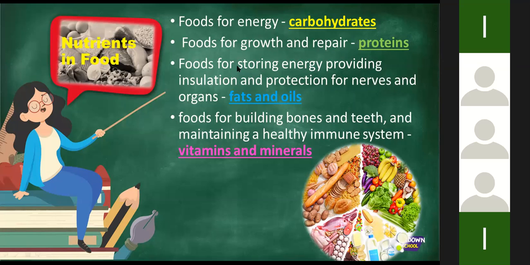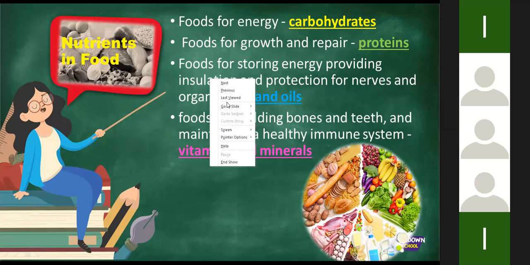Excellent. So now we know that there are 4 different food groups. Carbohydrates for energy, proteins for growth and repair, fats and oils for storing energy, and vitamins and minerals for building bones and strong, healthy teeth.